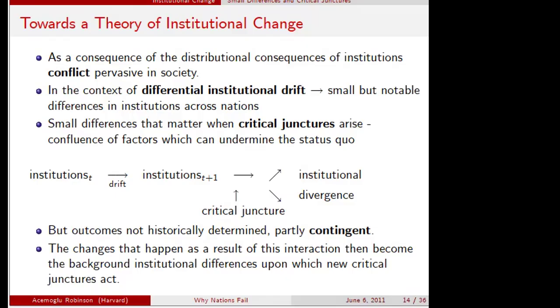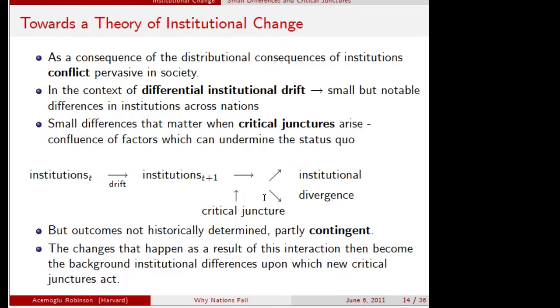The next thing that you need to understand are the critical junctures. These are basically the major shocks or events that destabilize the existing systems or the existing equilibriums. They shake up the existing power structures and open up the space for institutional change, such as a plague that would kill a third of the population.